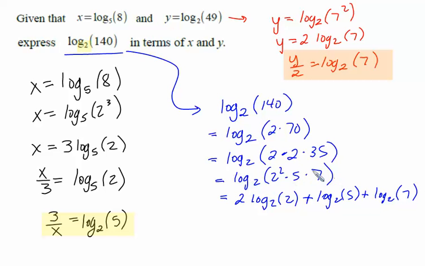That's just using that the log of a product is the sum of the logs and then pulling an exponent out front. Now be careful because the log base 2 of 2 is just 1. So this first thing, 1 times 2 is 2.